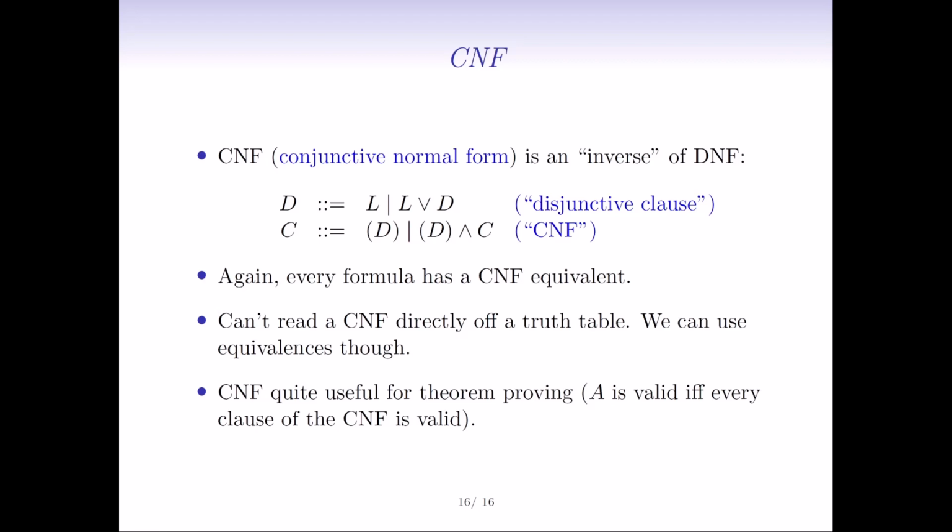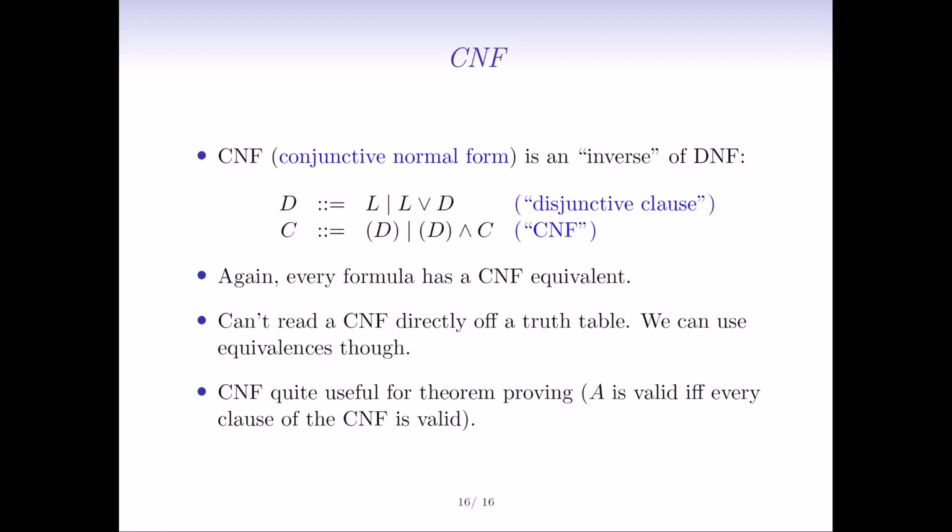So you can notice that if you have a formula which is a CNF and it's a conjunction of things, in order to make it valid, all clauses are going to have to be valid as well. And for a particular disjunctive clause to be valid, it must contain some literal together with its complement.